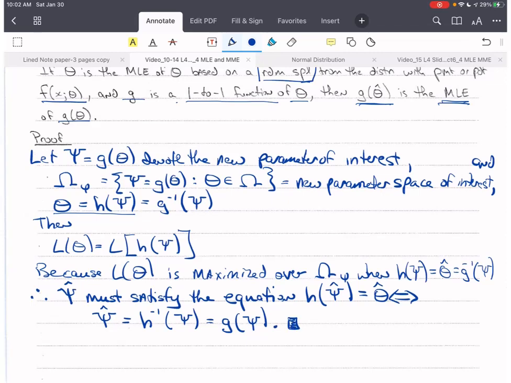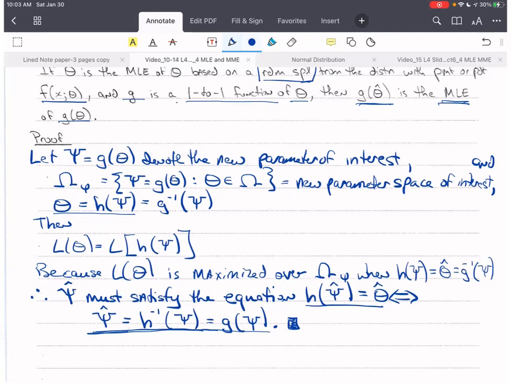Okay? So we end up with phi hat is equal to h inverse. So this is true, and if we take h of both sides, or all three parts of the equality, then we end up with h of phi hat equals theta hat. Okay?